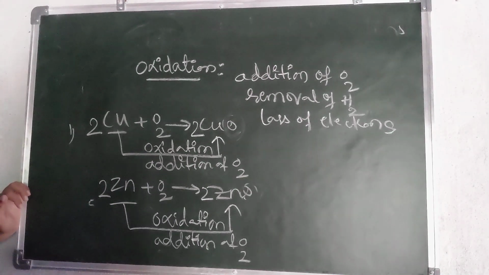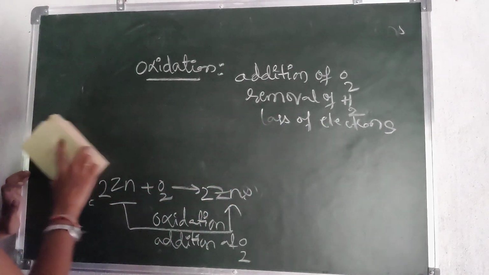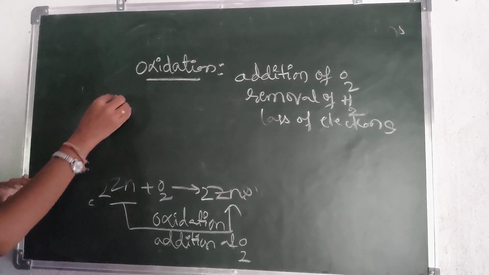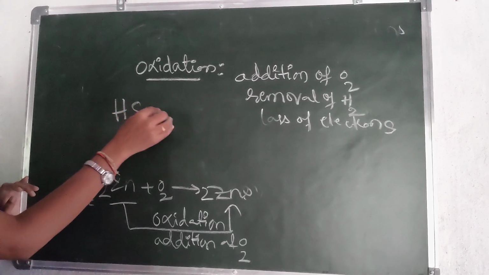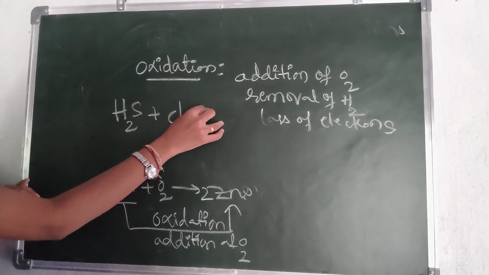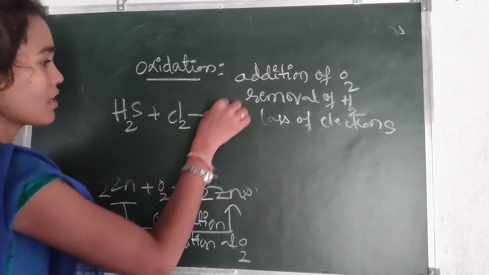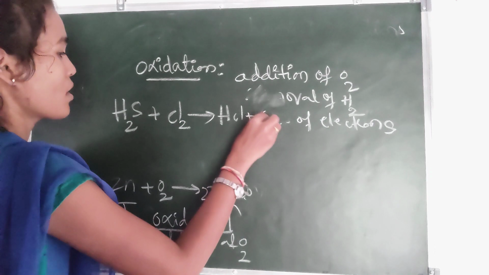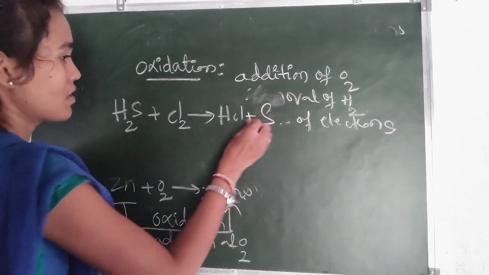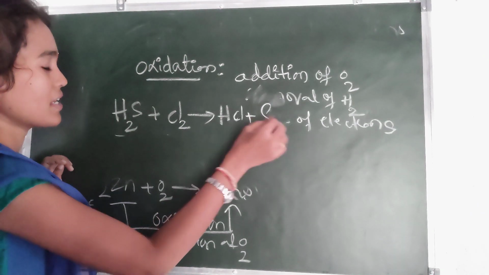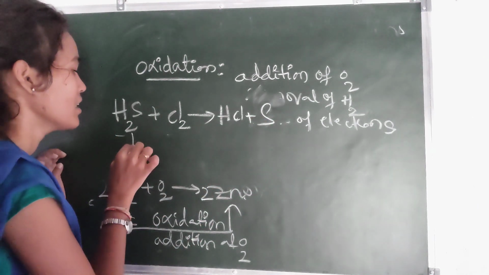So see another example also. I'll write here H2S plus Cl2 gives rise to HCl plus S. So what is happening from here to here?